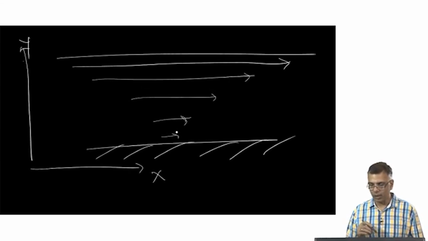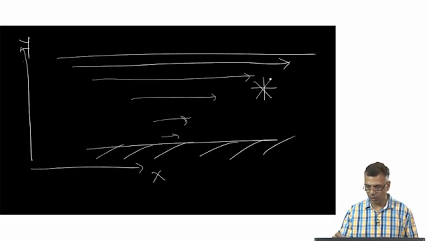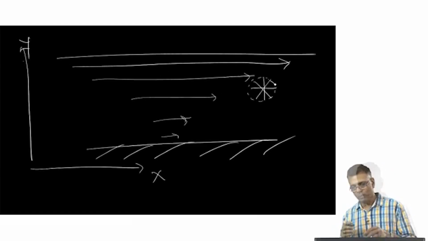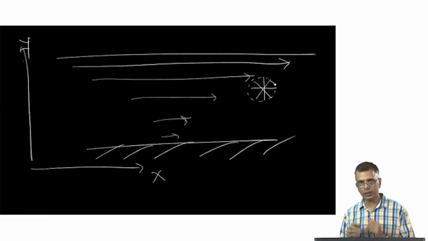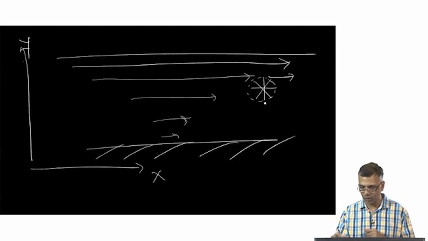Now, imagine you placed a little paddle wheel in here, a little wheel. Would this wheel rotate in this flow? I urge you to think about it, and the answer is yes. That's because the velocity here is larger than the velocity here, so the wheel would rotate in this way.